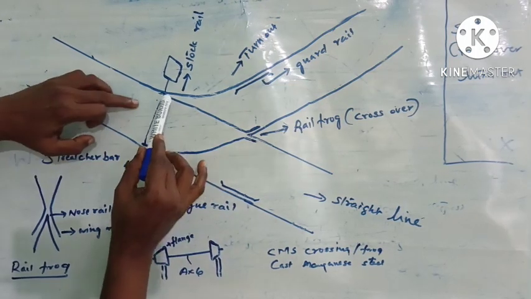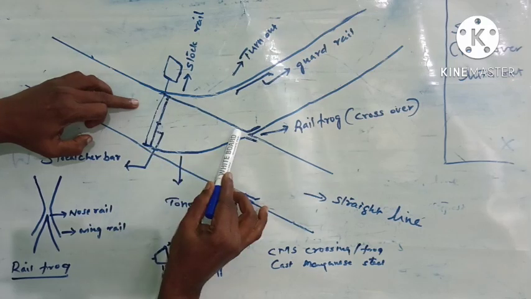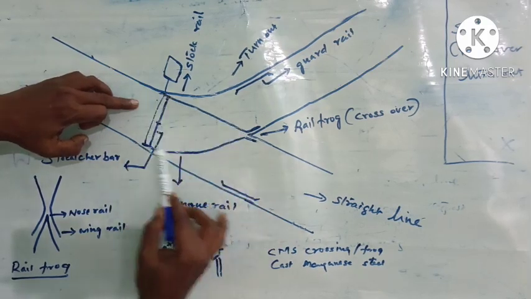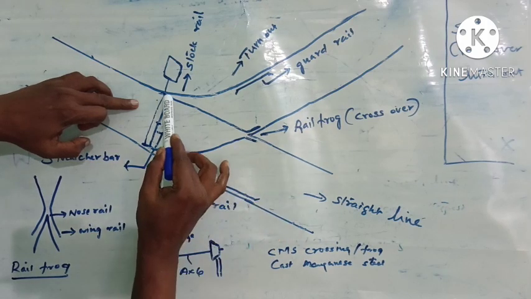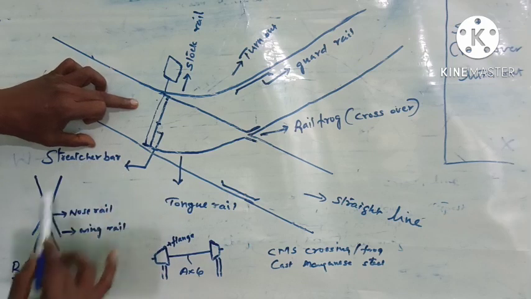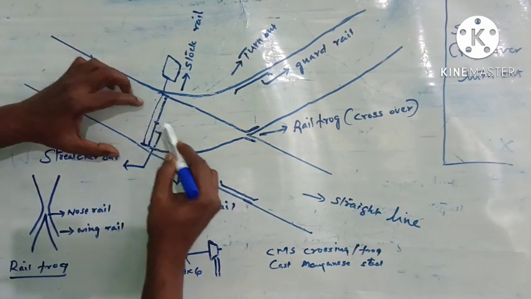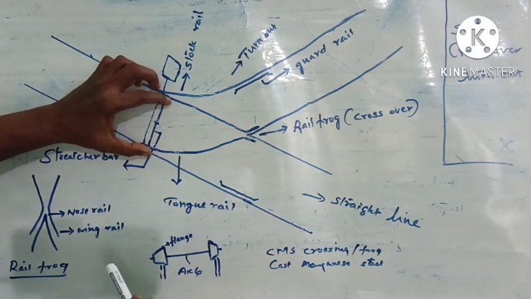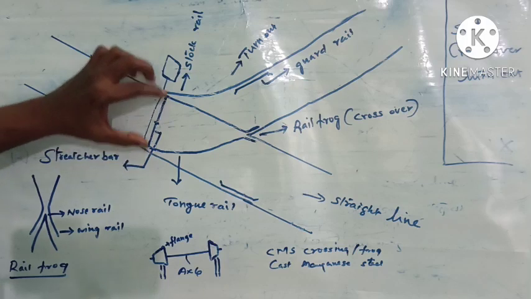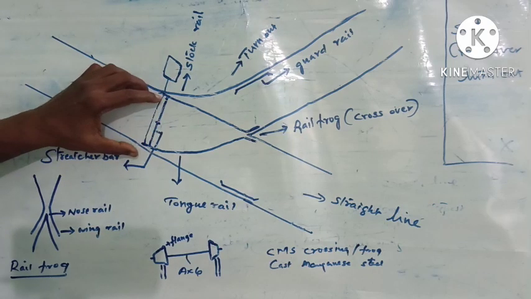Here you can see this is a piece of rail and this is another piece of rail, and these two pieces of rails are connected by a rod, and that is called a stretcher bar. Stretcher bar ensures that these rails are joined together and these two pieces of rails will move only together. So it is called a switch.